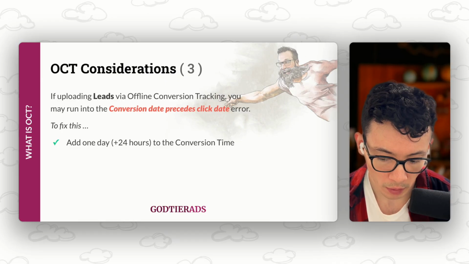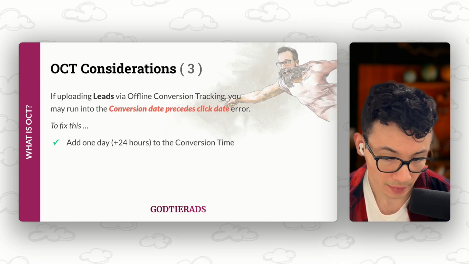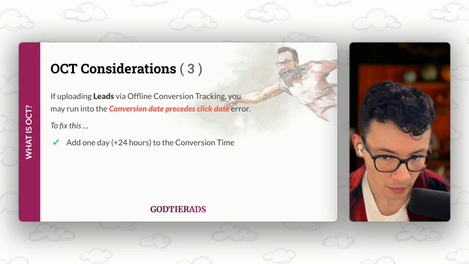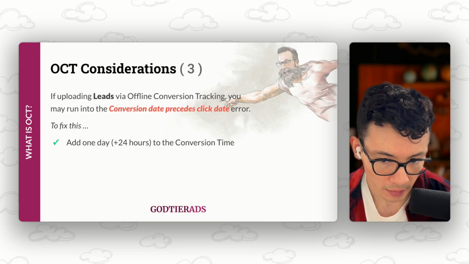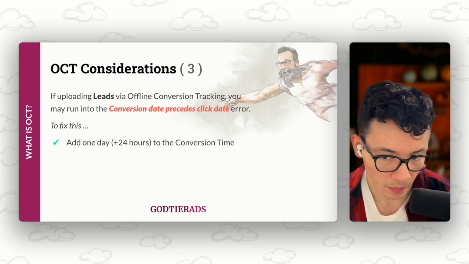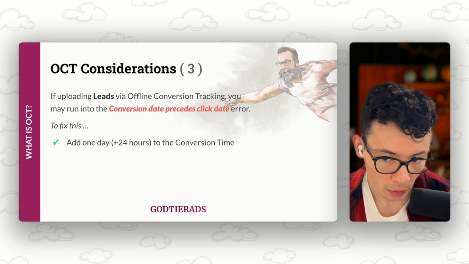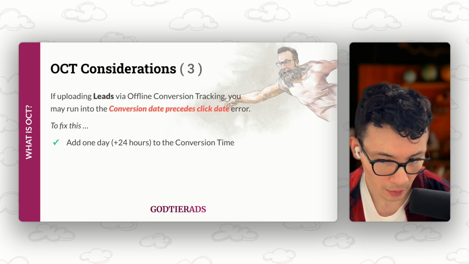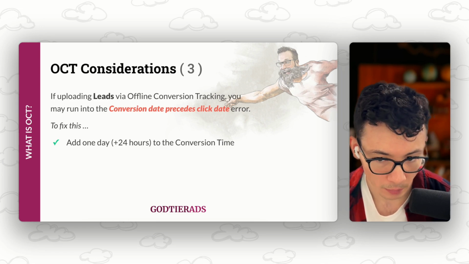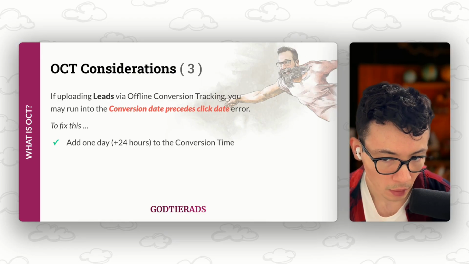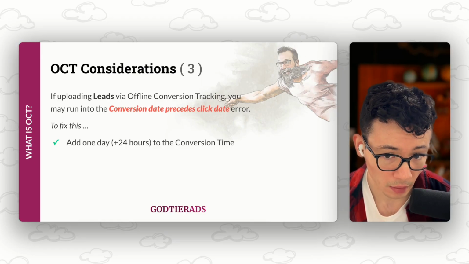Sometimes when you set the conversion time for leads to the exact time that, say, the form was submitted, Google often can't match this in the systems because there's a bit of a time lag. So by offsetting the time by around 24 hours, and you can play with the number if you want to, but normally one day works just fine, then you should not get the conversion date precedes click date error.